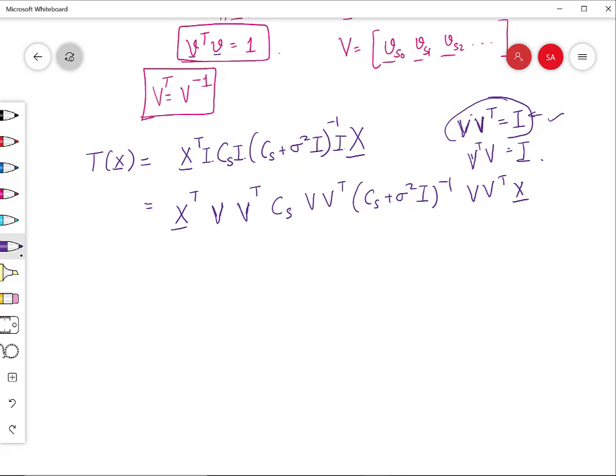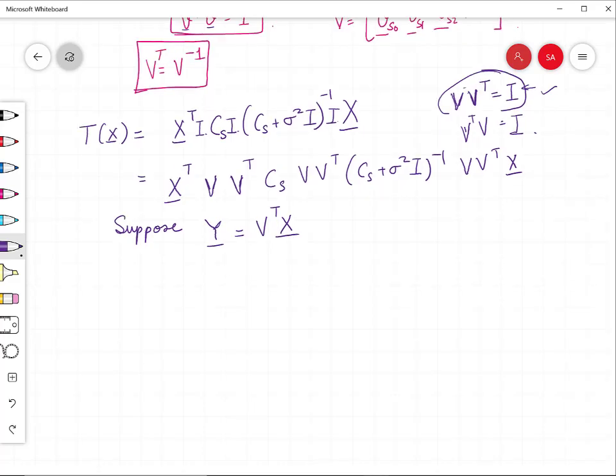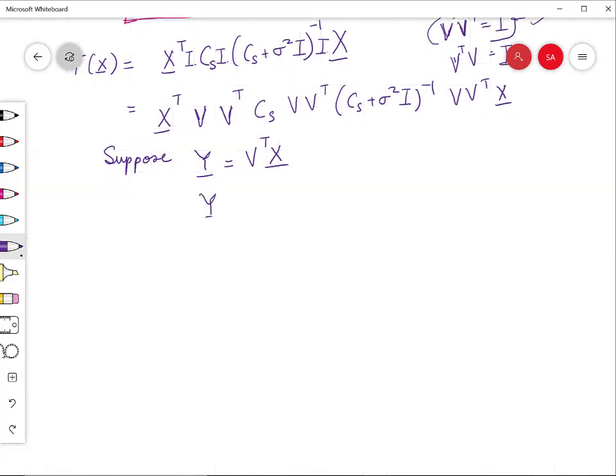then I can write V transpose X. All right, now let's suppose my Y vector, let me define my Y vector as V transpose X. I'm defining this vector. So what is going to be my Y transpose?